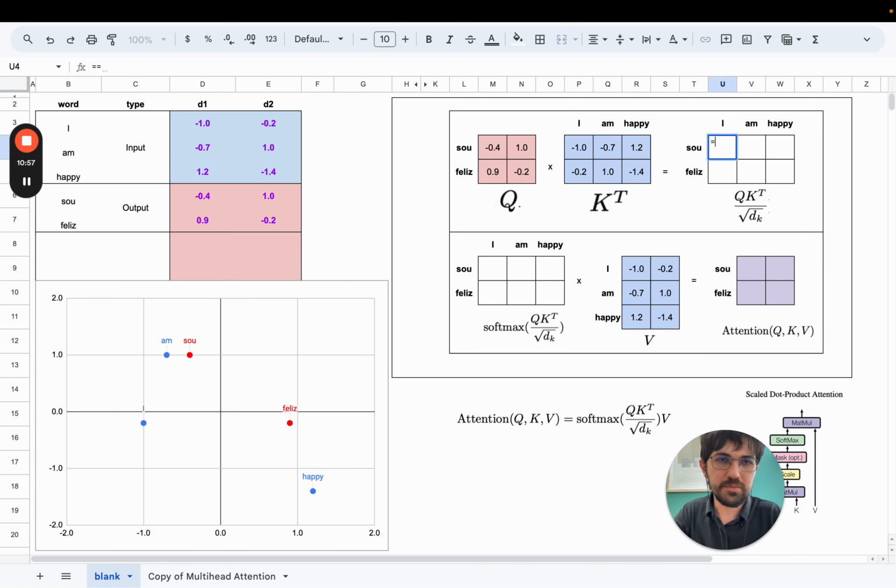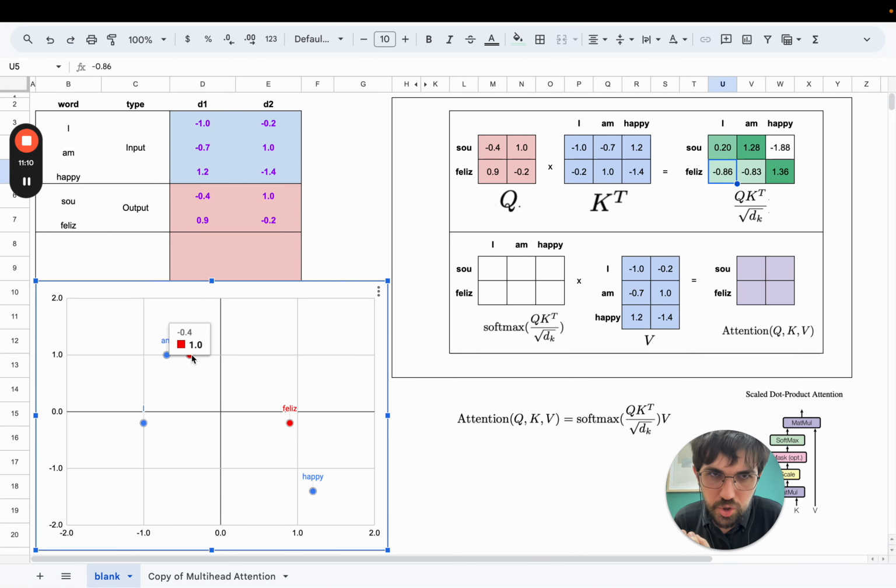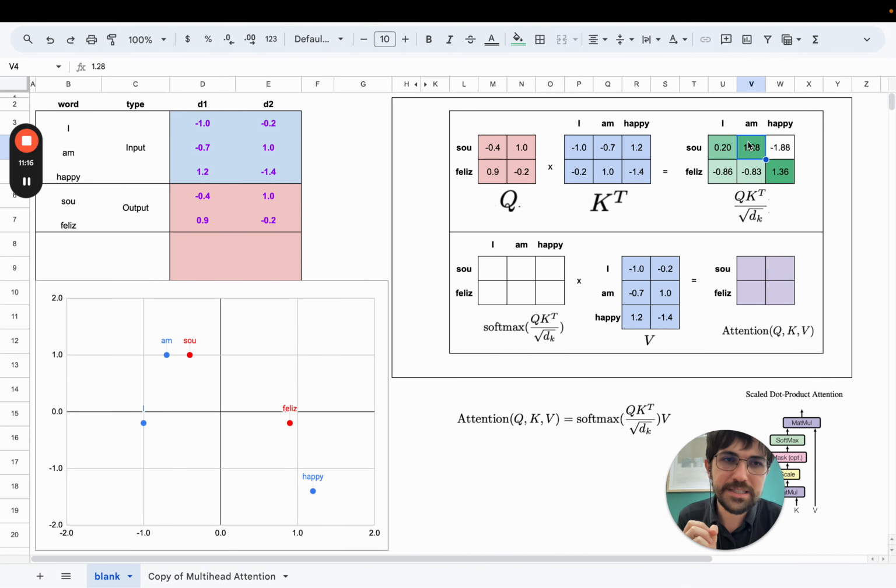So let me perform this multiplication here, and as output, since the word so is closer to I and am, we can see that the similarity is higher for both I and am than for the word happy. And happy, we see a higher similarity with the word feliz.